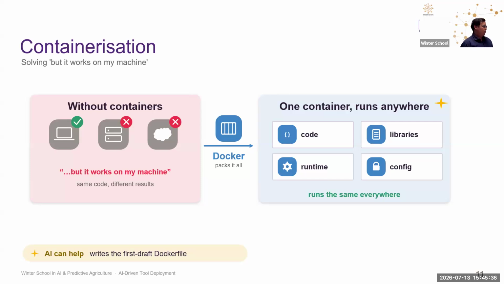Obviously, you will need to have Docker installed in your laptop, for example, if you're running it locally, but it's one of the things that many people need to know when you're thinking about deployment, containerization of tools. And as I've said at the start, with these initial steps, AI can already help you write that first draft of the Dockerfile, which is kind of like the main bit of Docker.